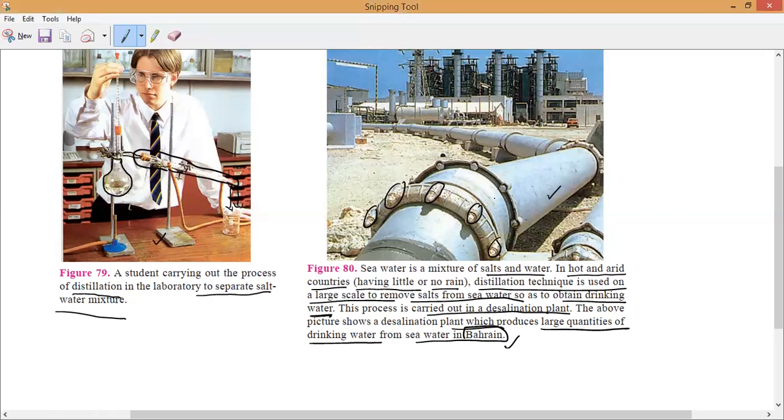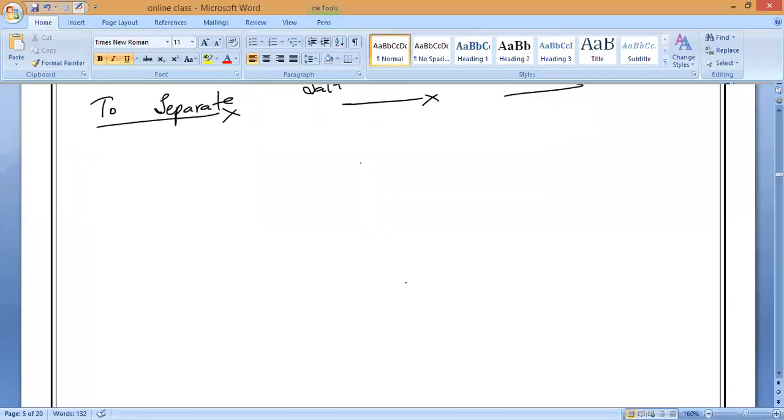So this is distillation and how we can obtain salt as well as pure water from seawater. Have you understood, everybody? Basically, we take the seawater in a container and start heating so that water vapor will evaporate, and we pass that water vapor through the condenser and obtain the pure water back from the condenser. Understand?